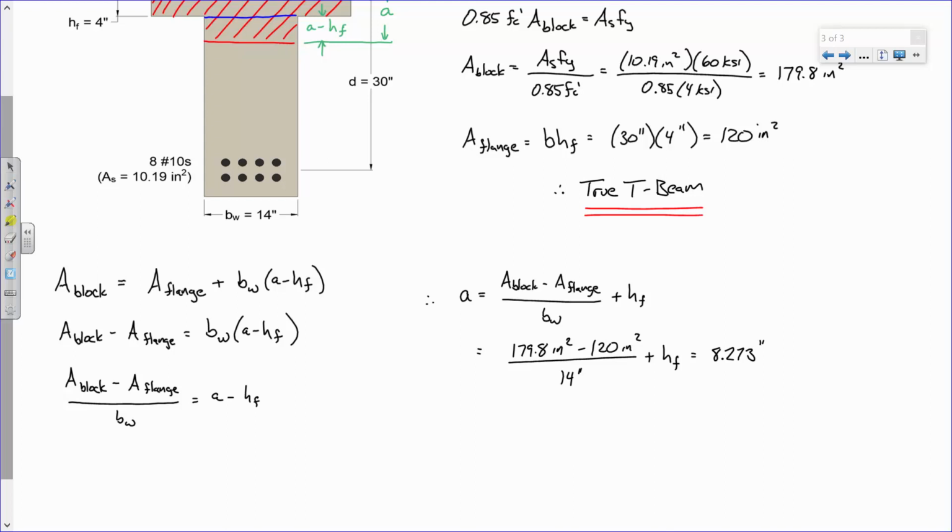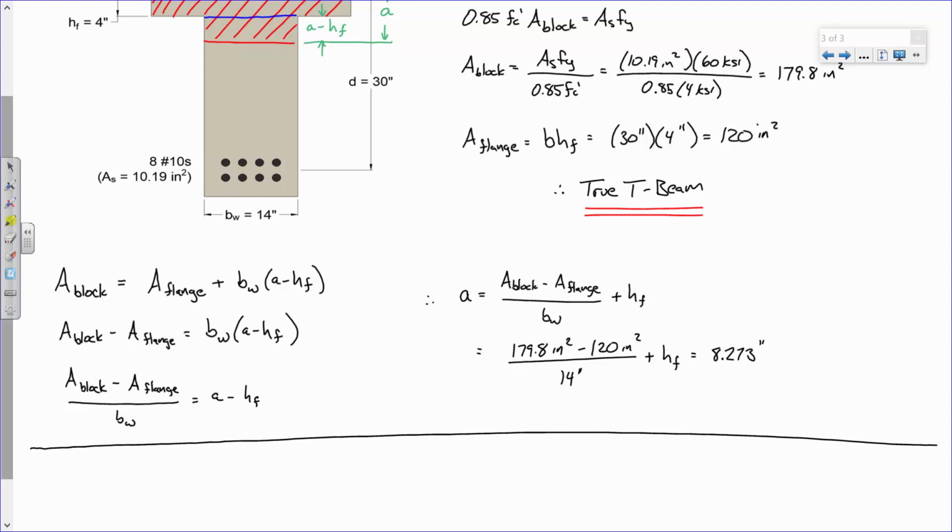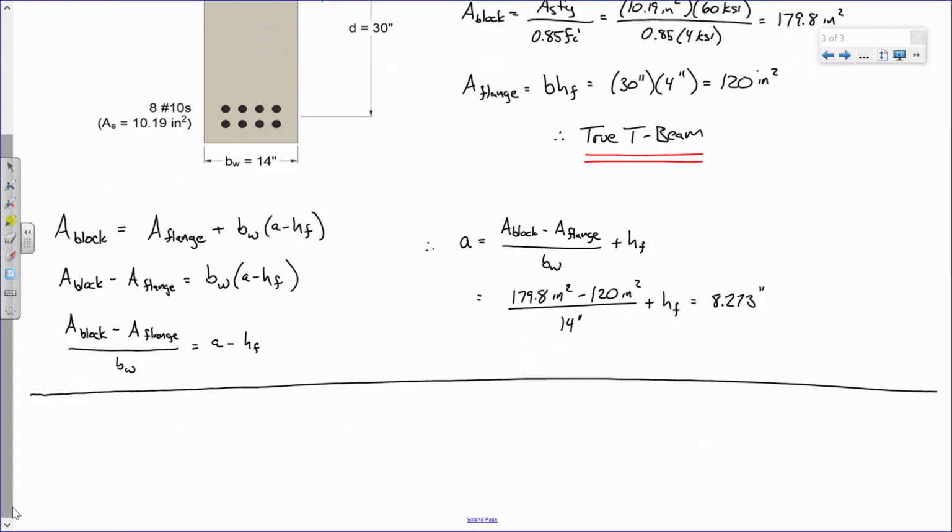Is everybody okay with that? Okay, I have a second? Now, so everybody's clear, I could go ahead and compute Mn, but before I do, just for the sake of discussion, to get it out of the way, I'm going to go ahead and determine C and epsilon t and get my phi value.